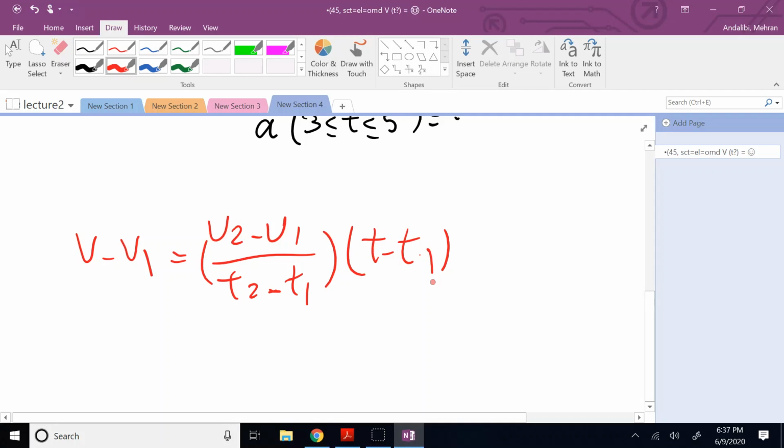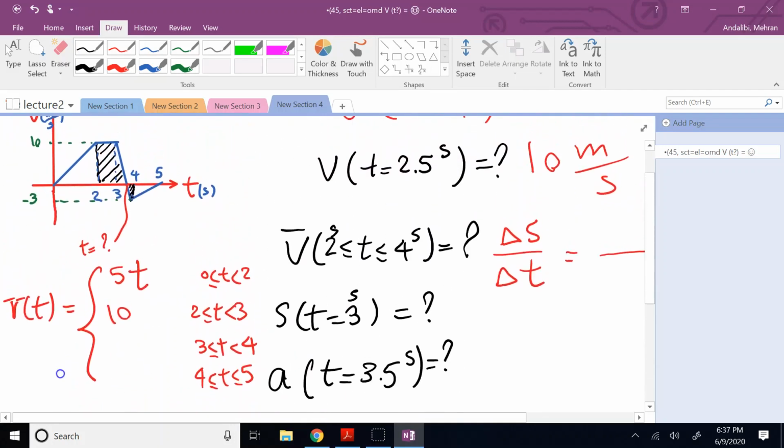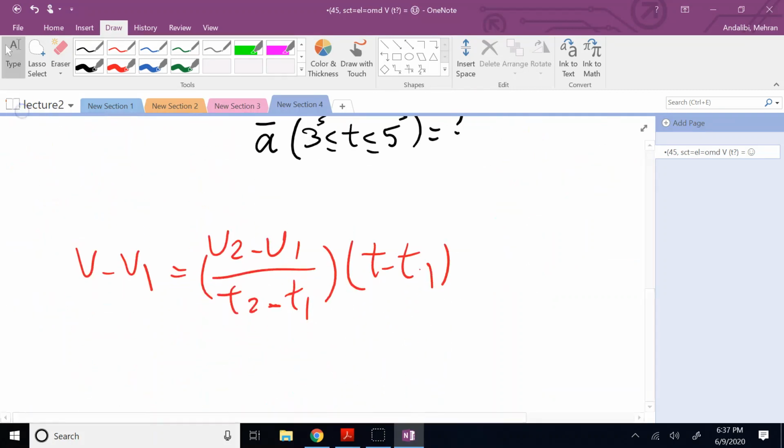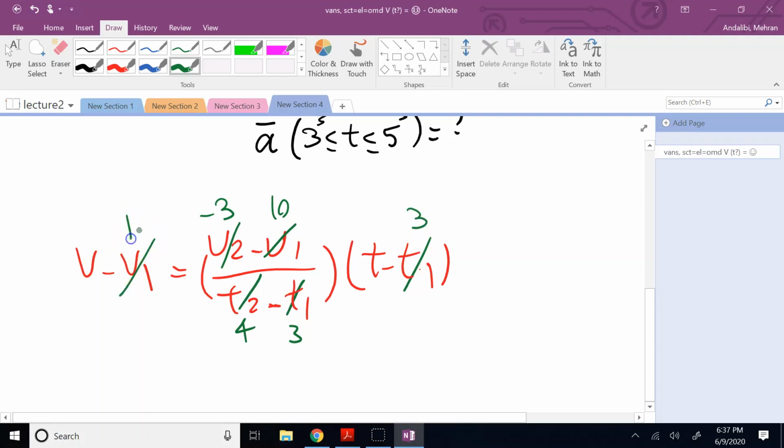So what are these values? Now, if you look, t1 is 3, t2 is 4, v1 is 10, and v2 is negative 3. So it is going to be negative 3 minus 10, over 4 minus 3, times t minus 3, plus 10.